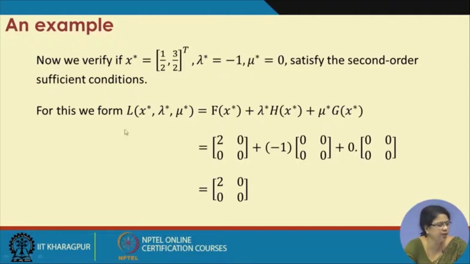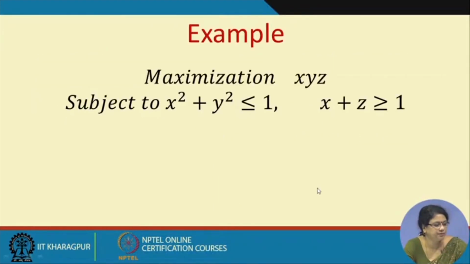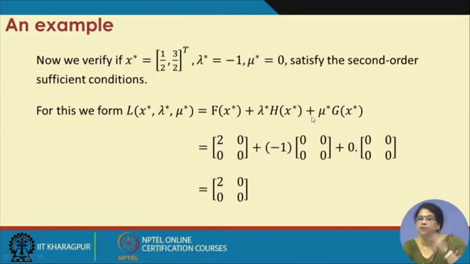That is why we go to the second order derivative of the Lagrange function. We could see that this is positive definite. That is why we can conclude that whatever optimal solution we got is the global optimal for this problem.